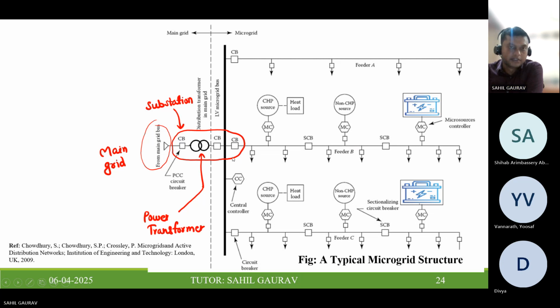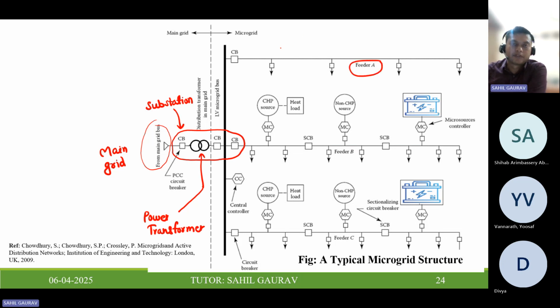So at the secondary end of the power transformer we have the low voltage microgrid bus, and then this top one, feeder A, we call a conventional passive distribution network.